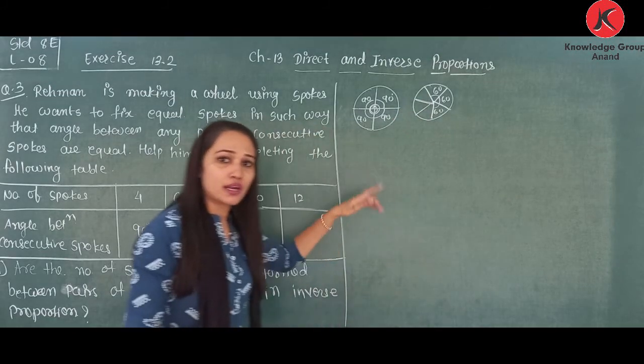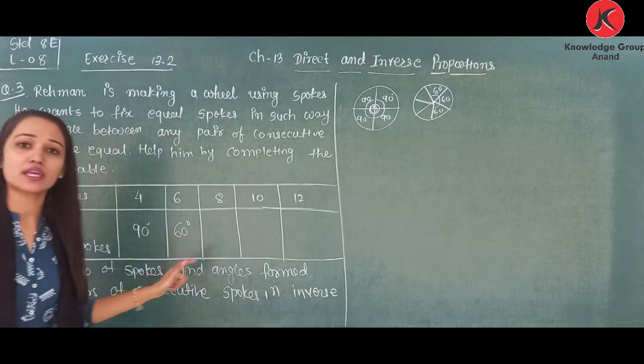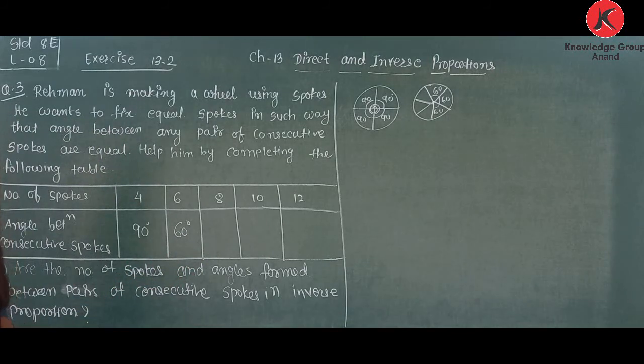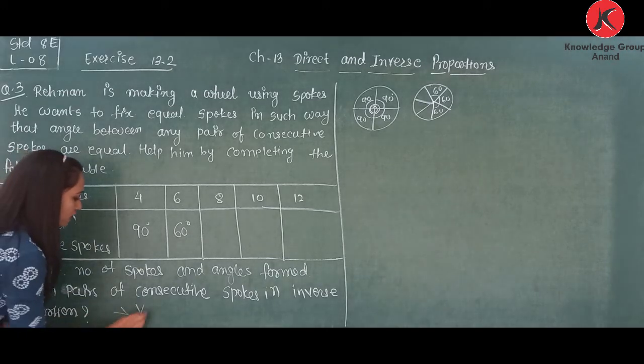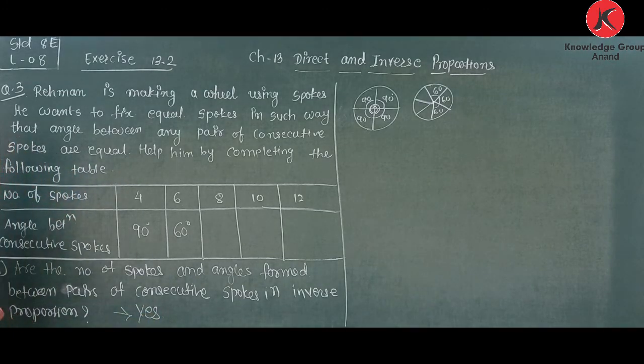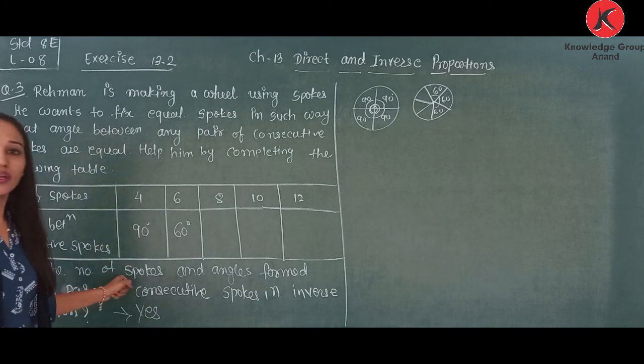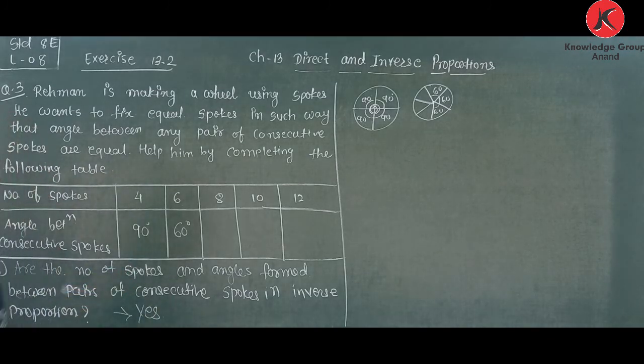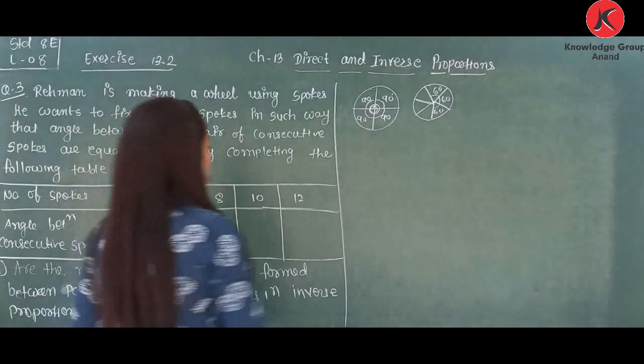It means they are in inverse proportion. So the first question is: are the number of spokes and the angle formed between a pair of consecutive spokes in inverse proportion? Yes, they are in inverse proportion. So we can write: yes, the angle and the number of spokes are in inverse proportion.